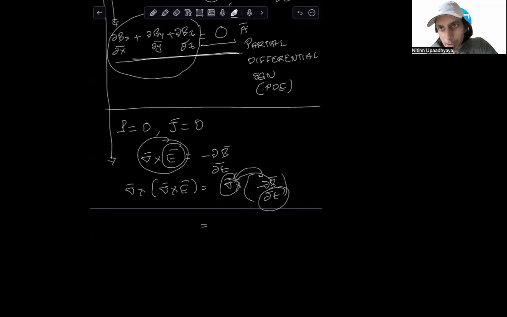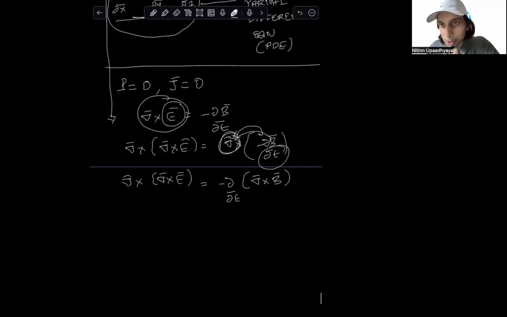You can pretty much interchange their order. All right. So the right hand side is a partial derivative of not just B, but because we've taken the curl of this expression, it's a partial derivative of del cross B. And on the left hand side, we have del cross del cross E.